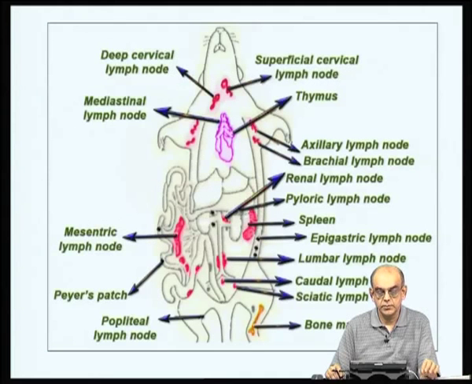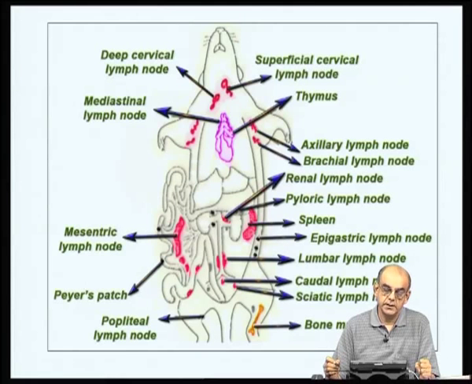We also went through how these different lymph nodes were distributed in various parts of the body, so that the immune reactions that could be started against antigens that enter the body at various locations could be facilitated.